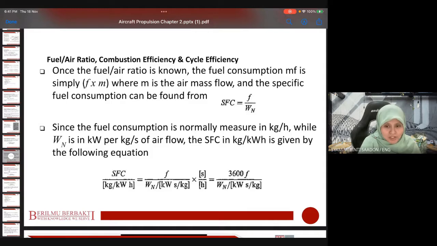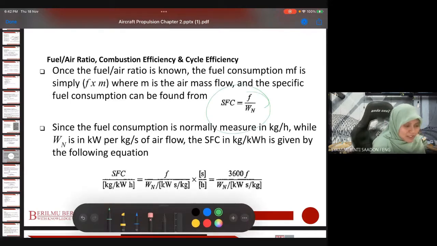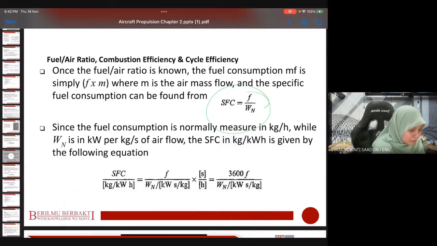Since the fuel consumption is normally measured in kilogram per hour, while net work output is in kilowatt per kilogram per second of airflow, the SFC in kilograms is given by the following equation. So we can change the unit used for specific fuel consumption. Just multiply by 3,600 to change the unit from second to hour. Otherwise it is still correct if we just calculate the SFC in this form, fuel to air ratio over the net work output.